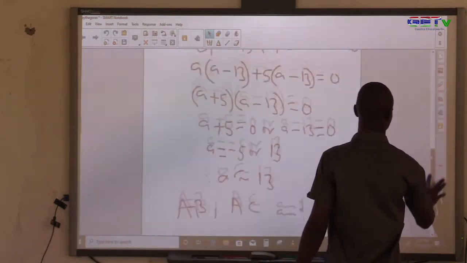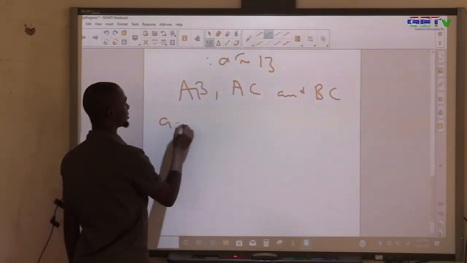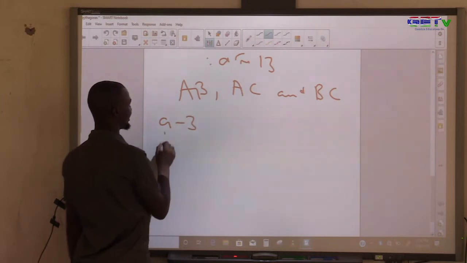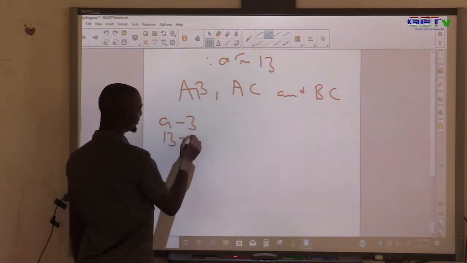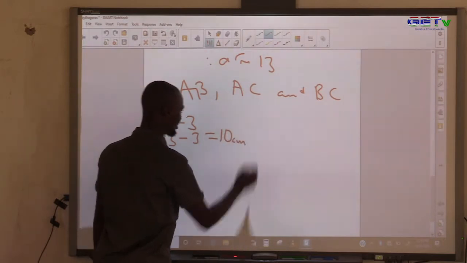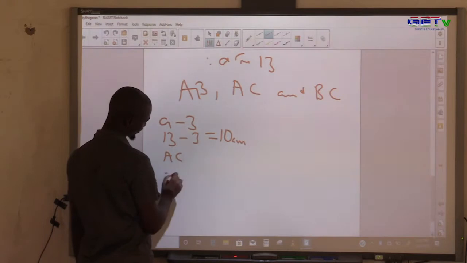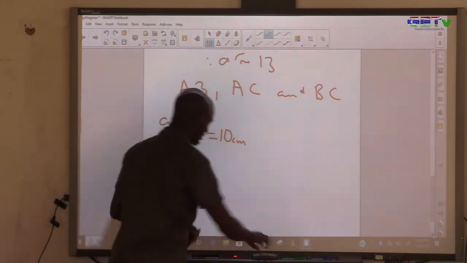AB is a minus 3, a is 13, 13 minus 3 is equals to 10 centimeters.